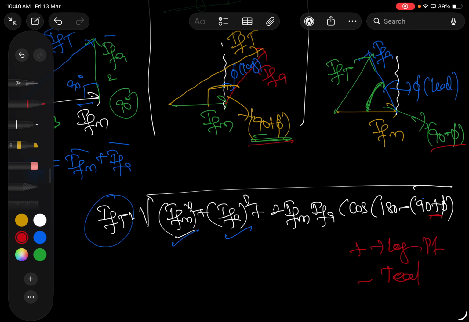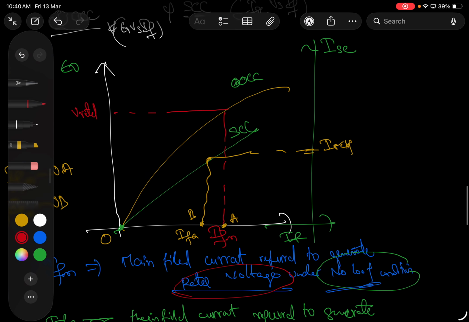I hope it's clear. Once IFT is found, we have to add one single step that concludes the graph. Let's assume that at this point I got IFT, the total field current, the phasor sum of IFM and IFA. What do I have to do here?